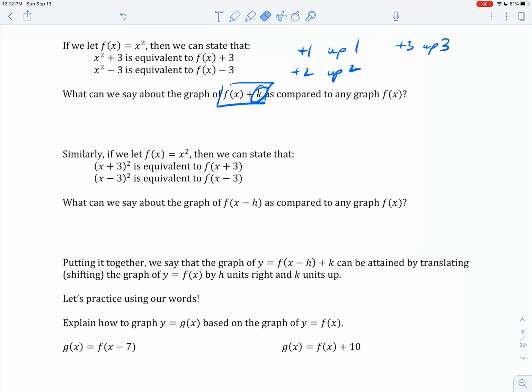In general, if we're talking about f of x plus k, then we can say that the graph of y equals f of x plus k will be k units higher.